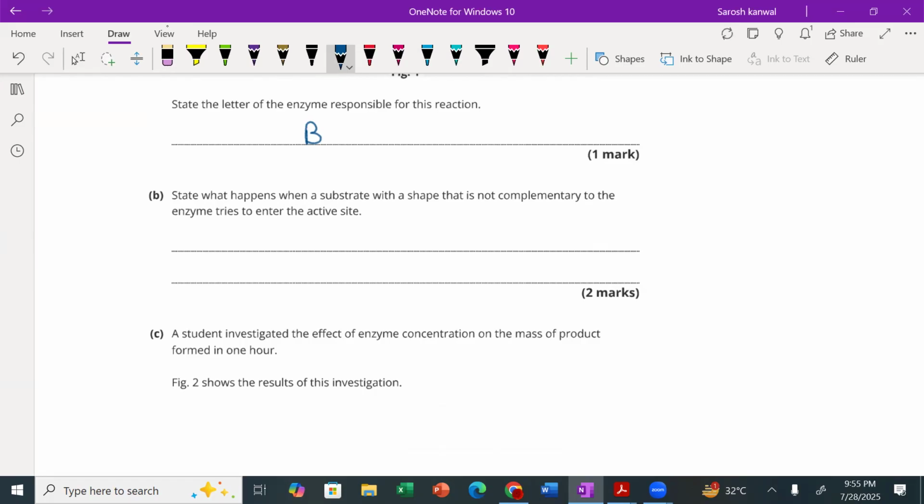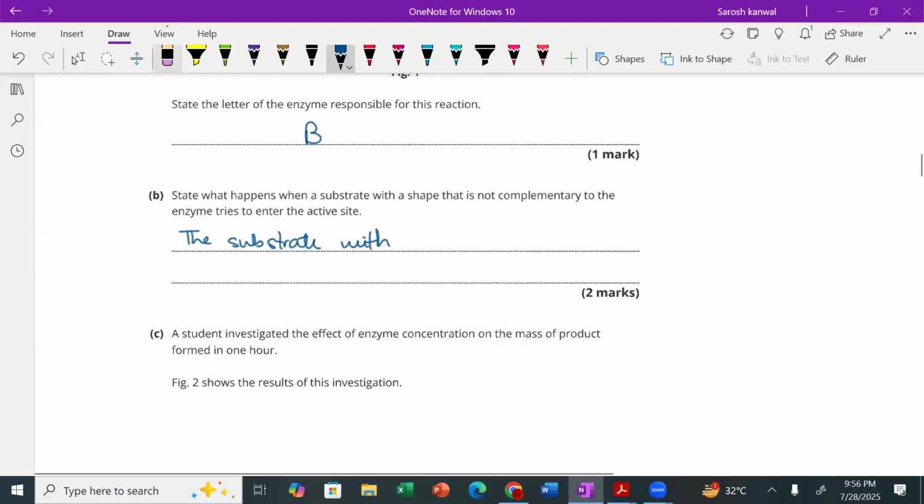Mom, the substrate does not fit into the enzyme's active site, so it cannot bind properly. You are also correct, Mepsam, very good. I appreciate that you are taking part in solving these worksheets.